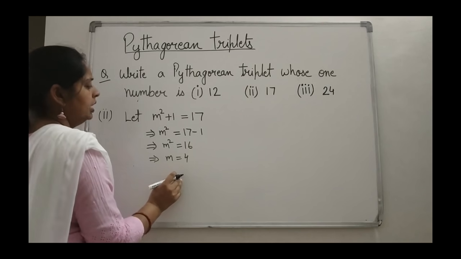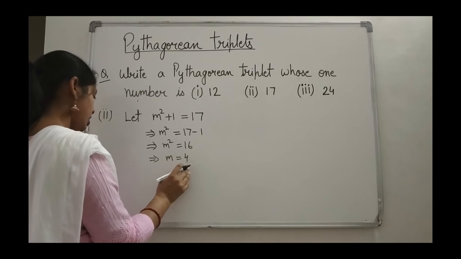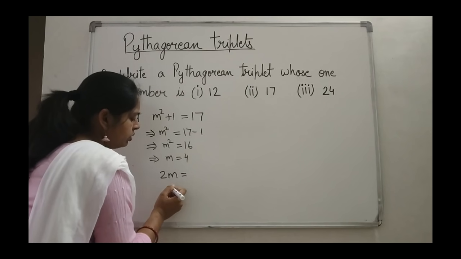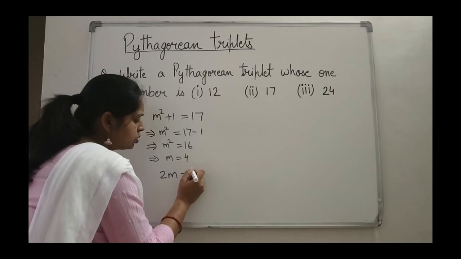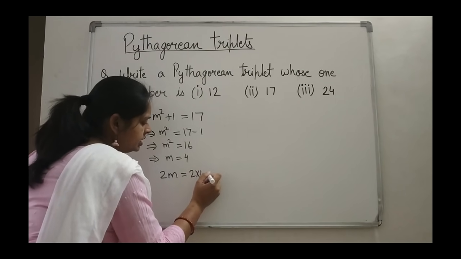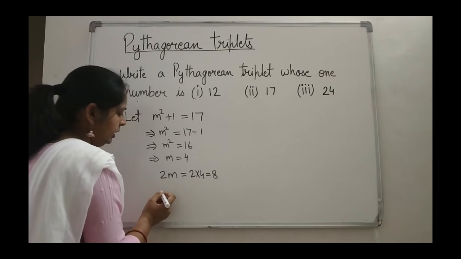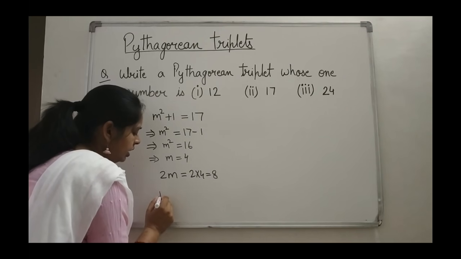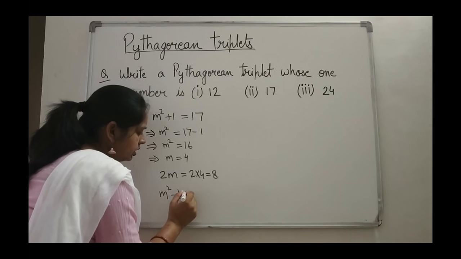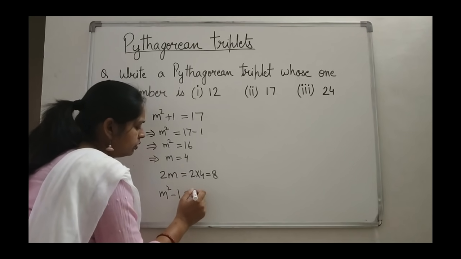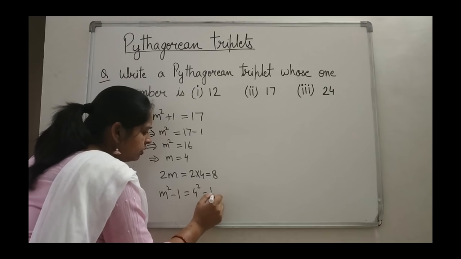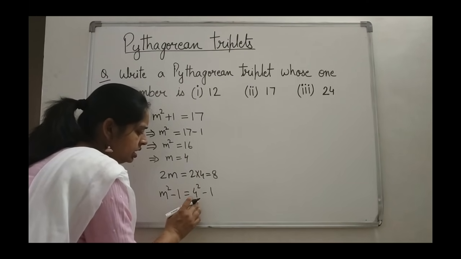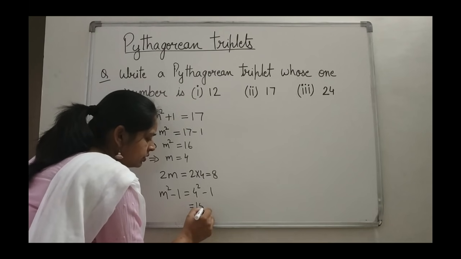Then, if I have the value for m, what do I need to get? I need the first value, that is 2m. So 2m is 2 into 4, that is 8, and m square plus 1 I already have. Now I need to find m square minus 1. M square is 4 square minus 1. 4 square is 16, and 16 minus 1 is 15.